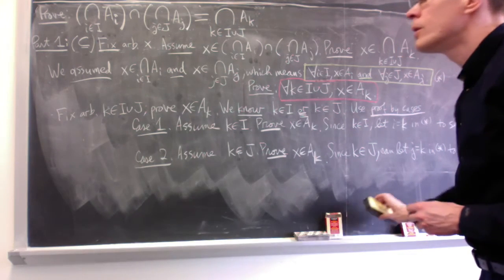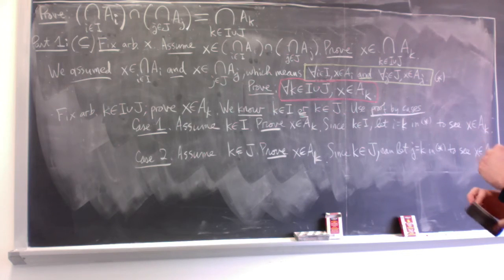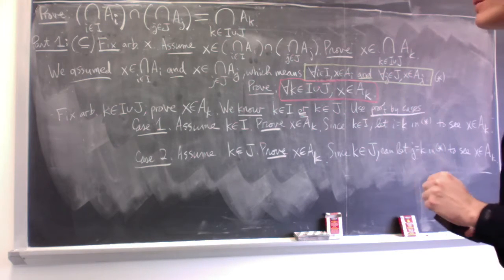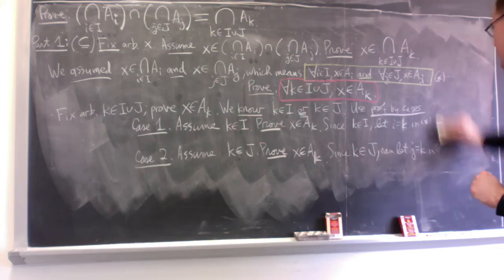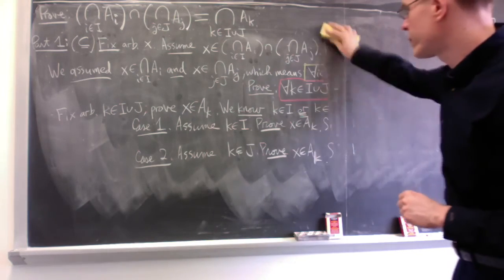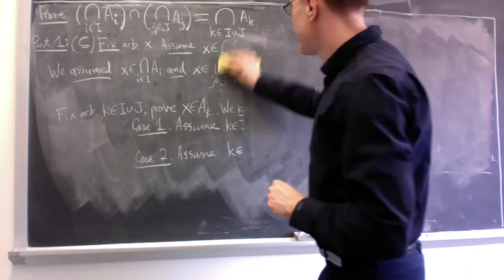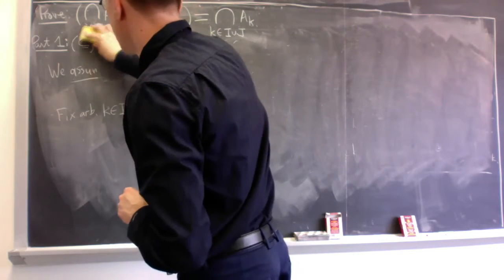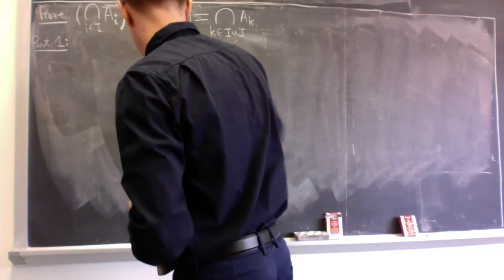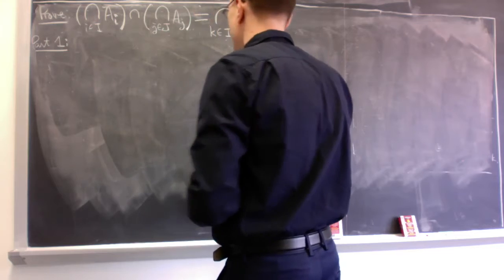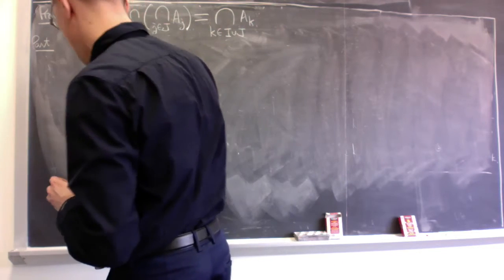All right. So that's good, but that's only part 1. That's the first direction. You see these set proofs kind of go on and on sometimes. But that's the way it works. Now let's do part 2.